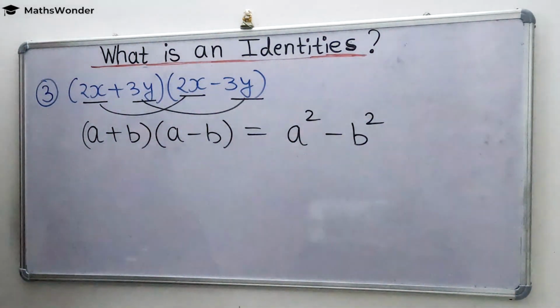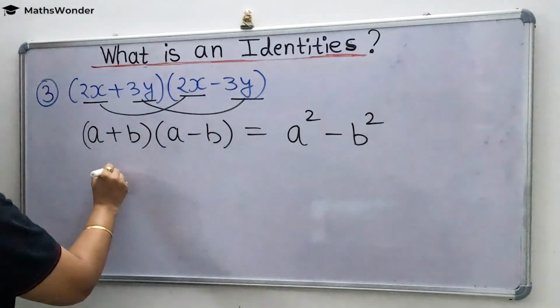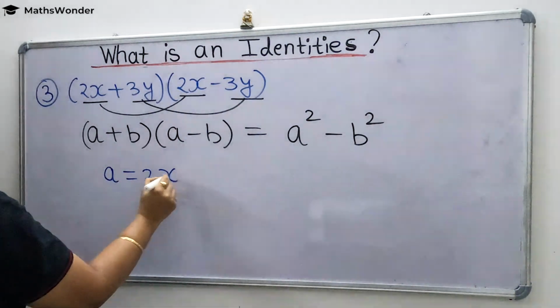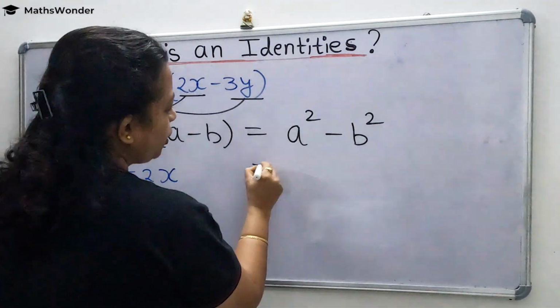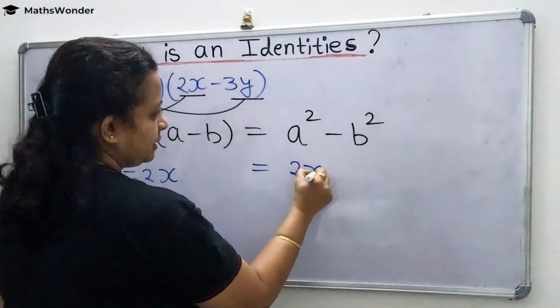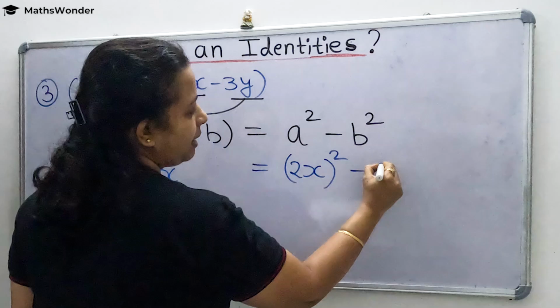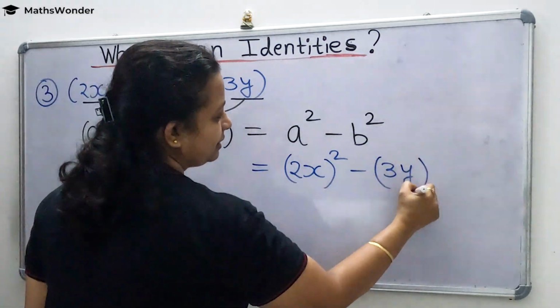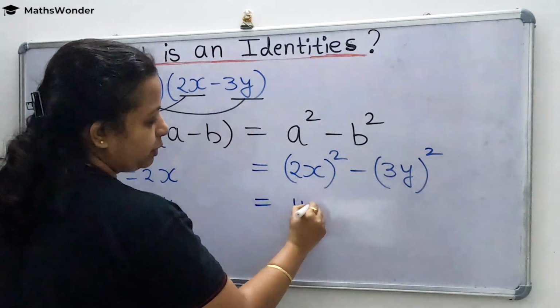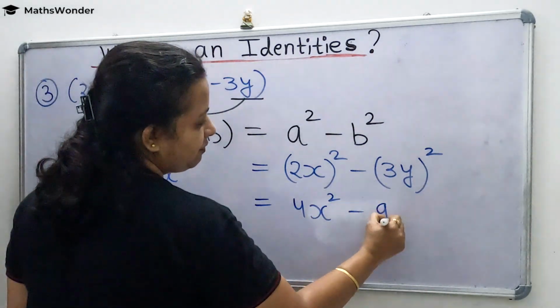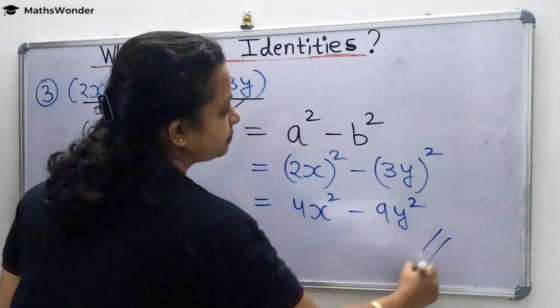See, what is a here? Can you tell me? a is 2x, right? b is 3y. Just substitute in your identity: 2x square minus 3y square, right? So what will be the solution? 2x square, as I discussed, is 4x square, minus 9y square. That's it, done.